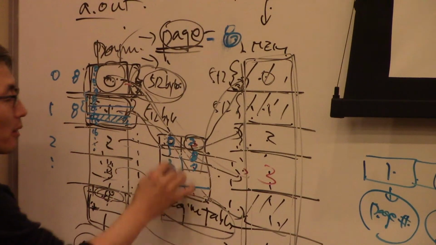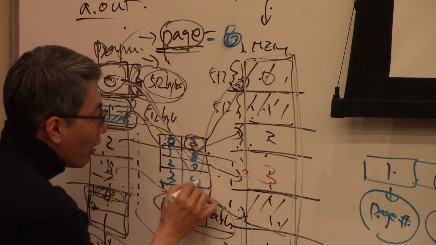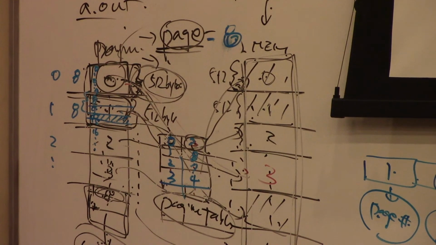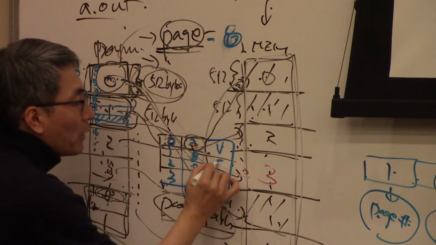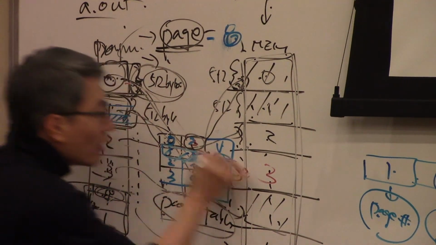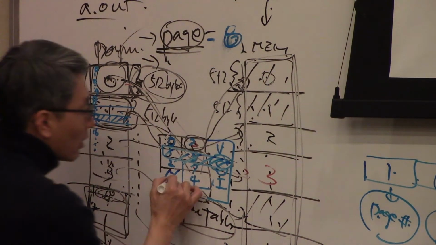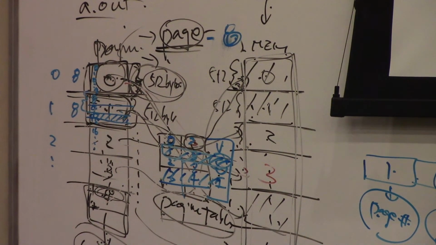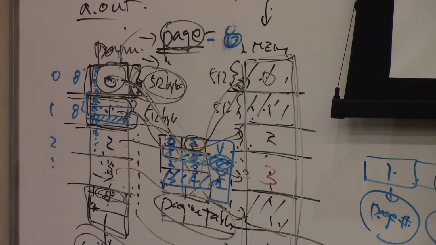Or sometimes we make a free frame, but the entry is still there because it takes some time to update and remove the entry. Instead, we can mark valid, invalid, valid, invalid. Invalid means it's no longer existing. And this one, no longer existing. So instead of removing the entry from the page table, we can mark just one bit, 0 or 1.